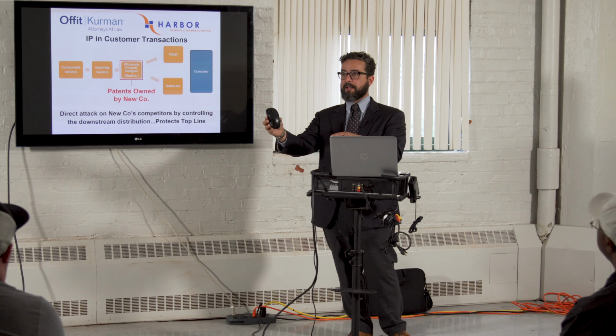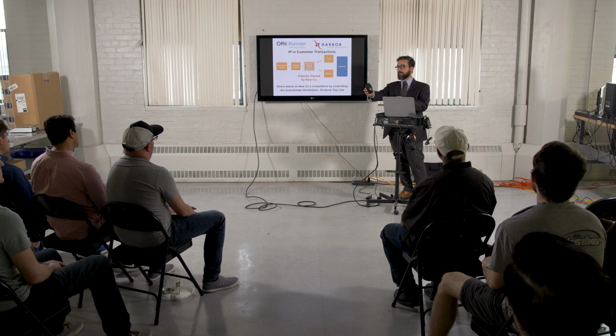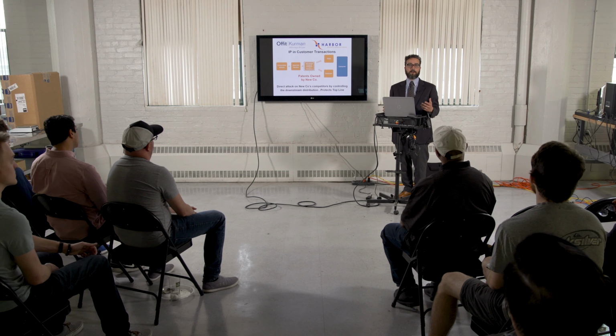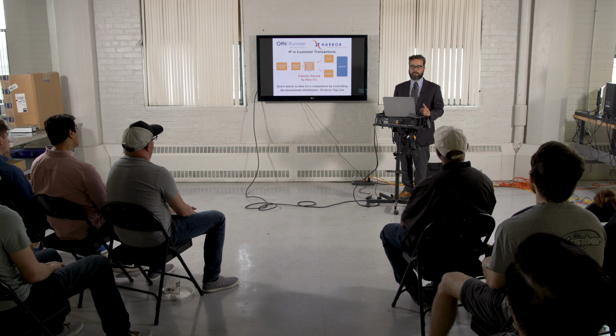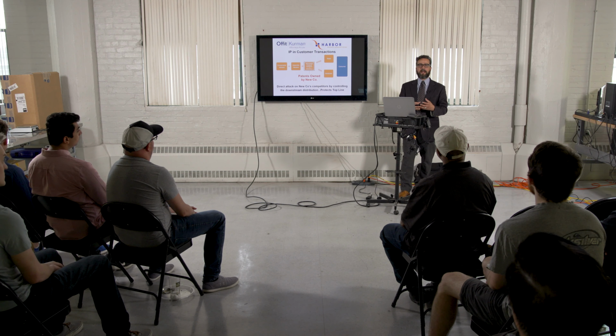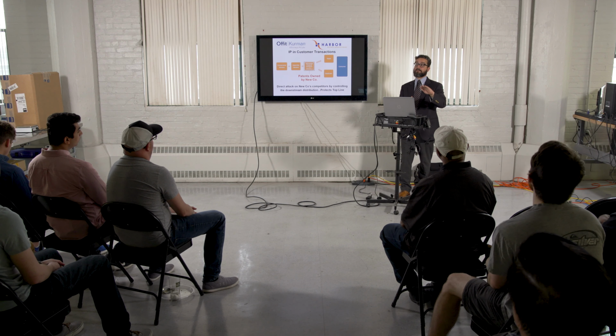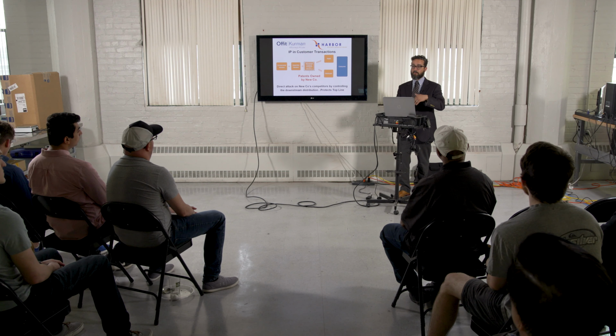They may say, here, I buy this mouse from company A, go make it, and they'll buy it from somebody else at a lower price. So I look at patents, sort of your own business patents, as at least maintaining your top line. It is there to protect your revenue stream that you've worked hard for.